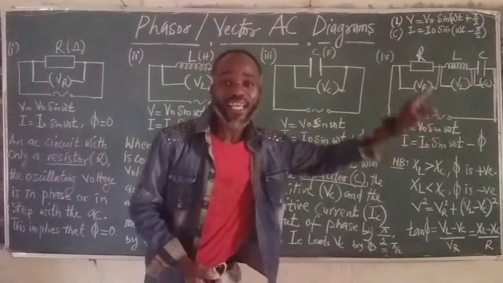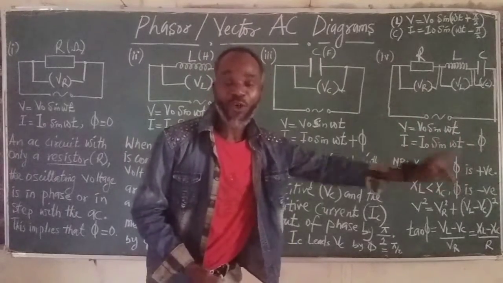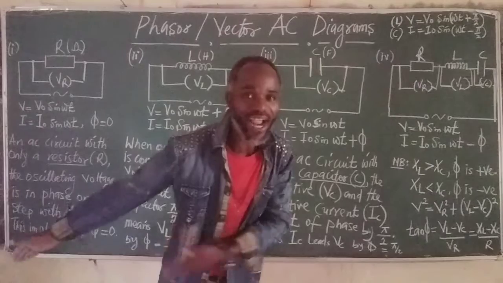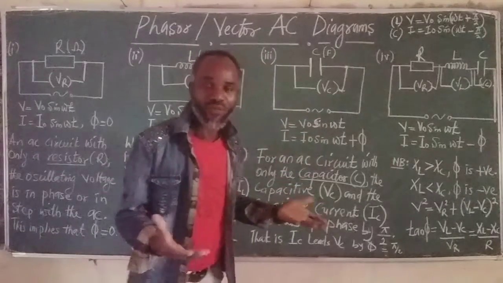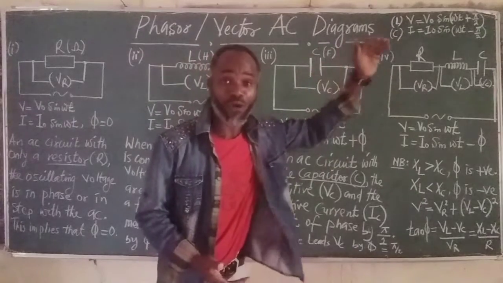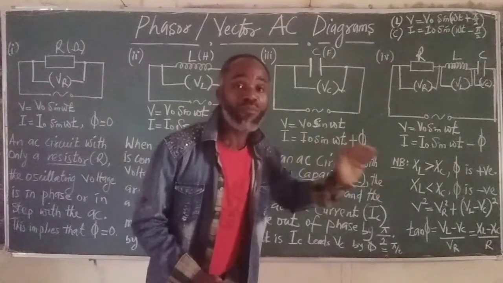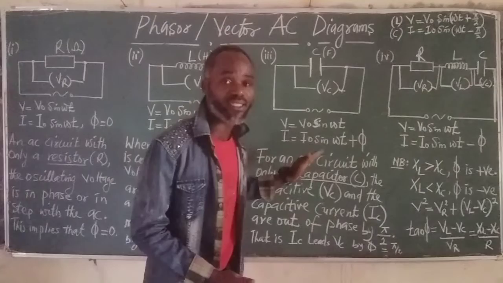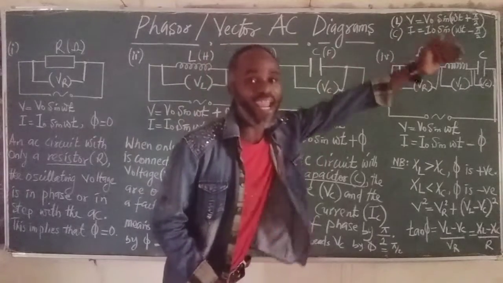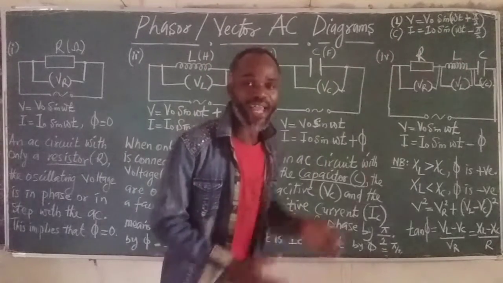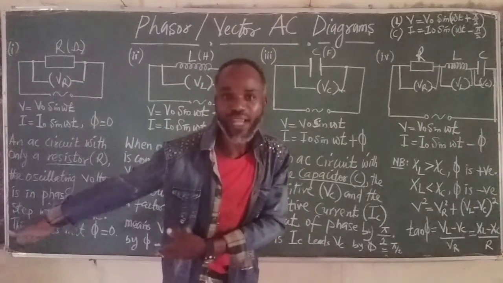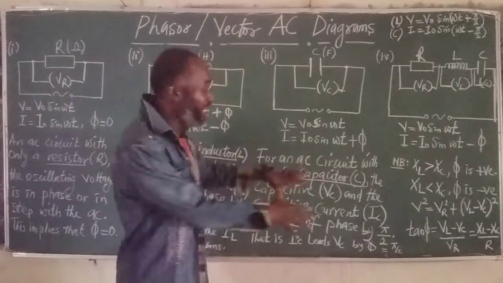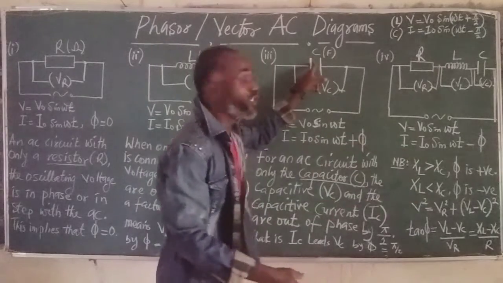The current leads the voltage. The voltage lags behind in this condition. The reason is this: the maximum, zero, and minimum values of current are one step ahead, while correspondingly all these for voltage are one step behind. And that is why current leads when a capacitor is connected.